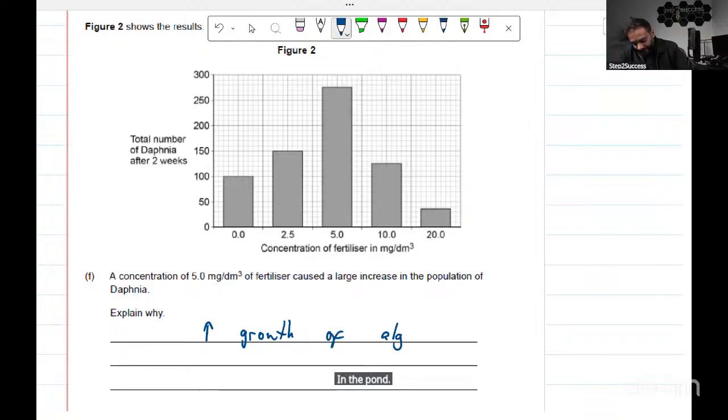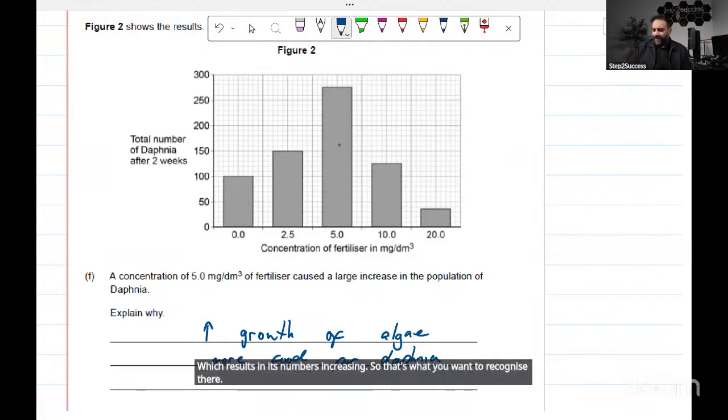And algae is food for this thing here, as we learnt ages ago in the question. Therefore, if there's more algae, there will be more food for this Daphnia, which results in its numbers increasing. So that's what you want to recognize here.